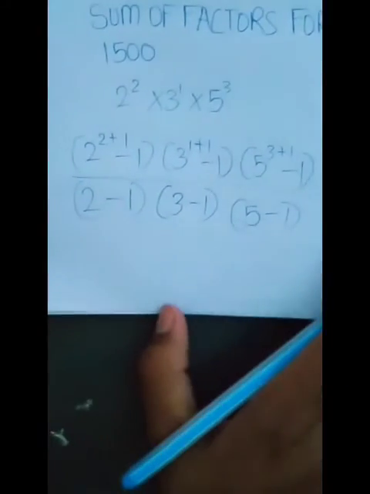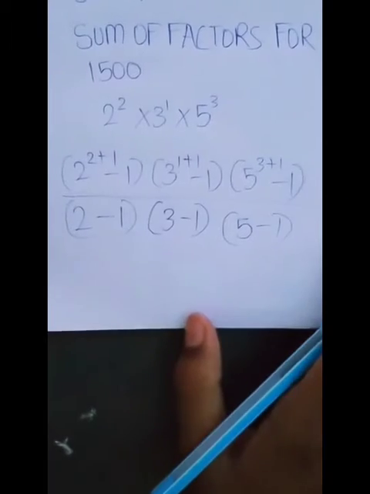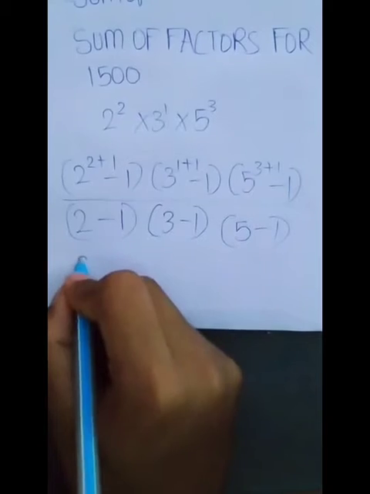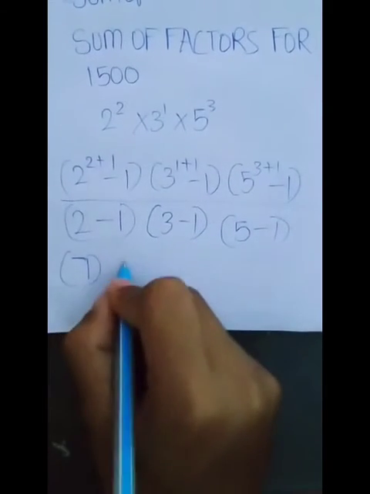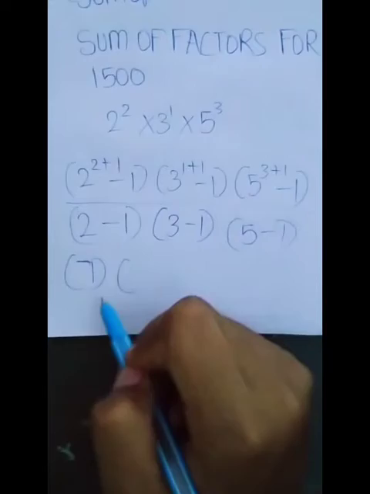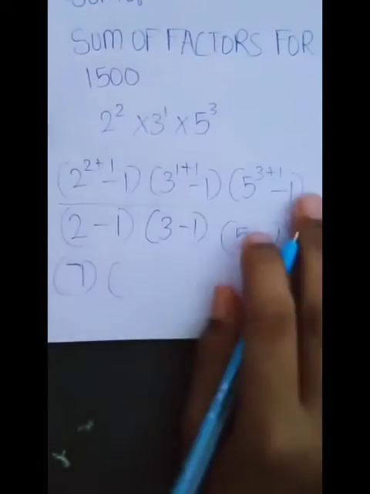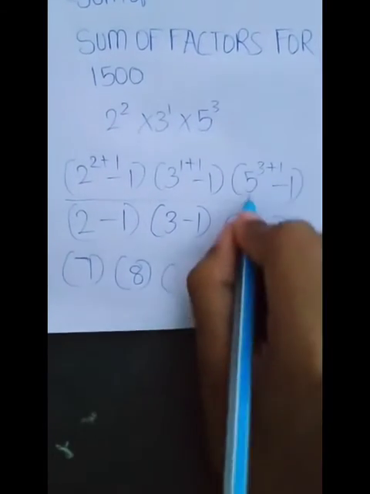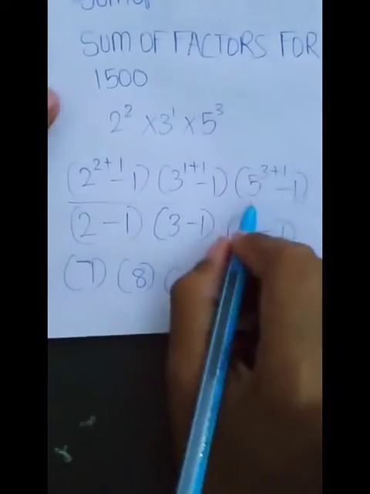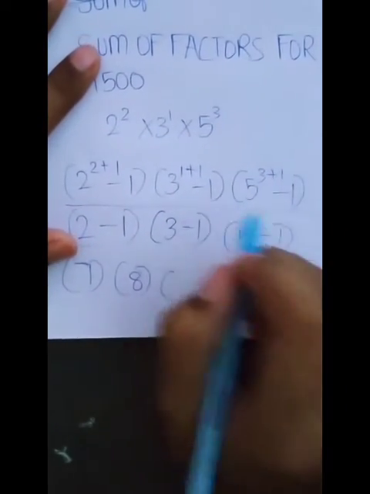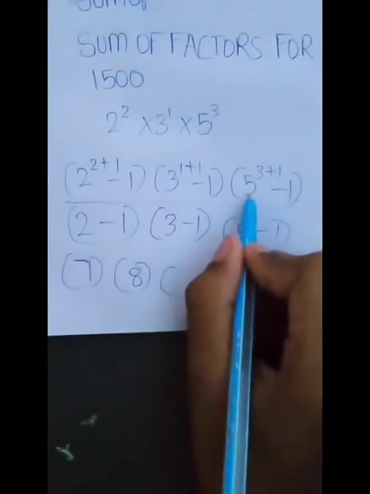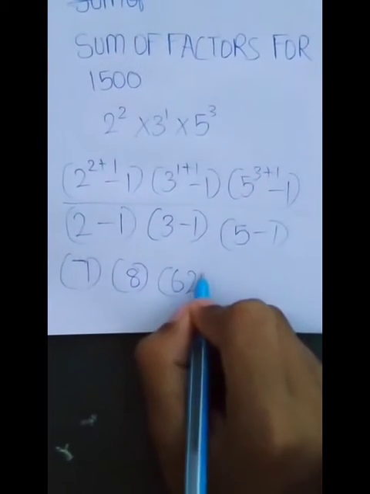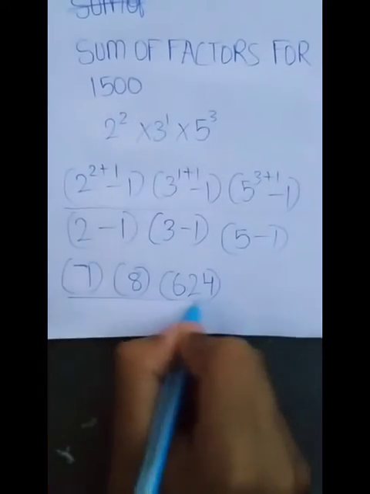We have to just solve it. 2 power 2 plus 1 is 2 power 3, means 8. 8 minus 1 is 7, into 3 power 1 plus 1, which is 3 power 2, 3 into 3 is 9, 9 minus 1, 8. 8 into 5 power 3 plus 1, 5 power 4, which is 625. 625 minus 1 is 624.